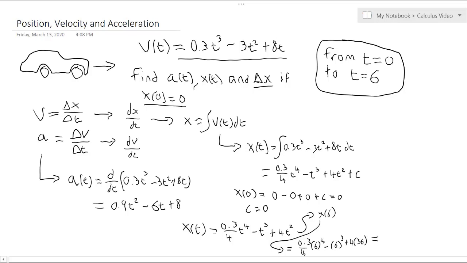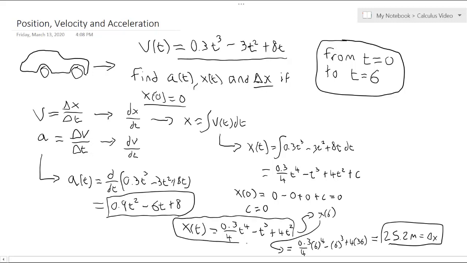And so that should all be equal to 25.2 meters, which is equal to delta x. And so there you go. Using our relations for position, velocity, and acceleration, we got these three answers.